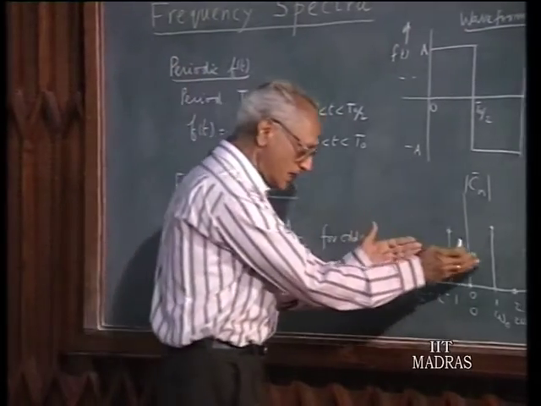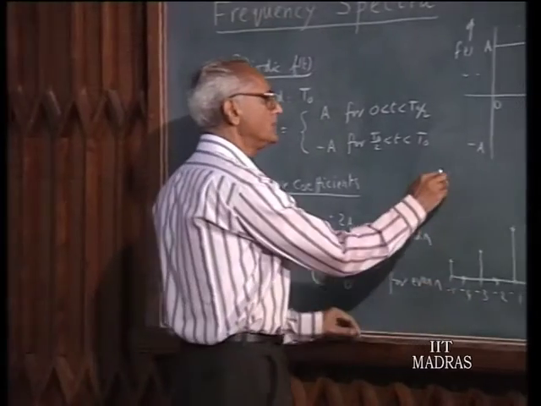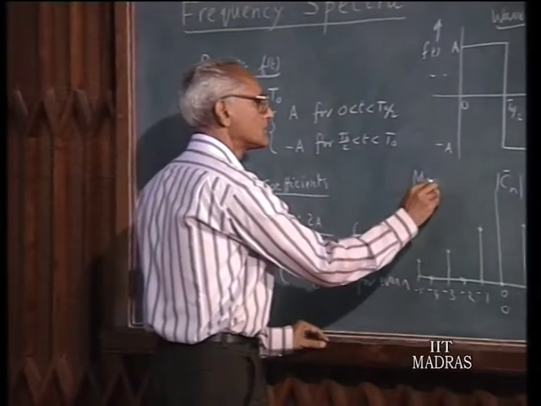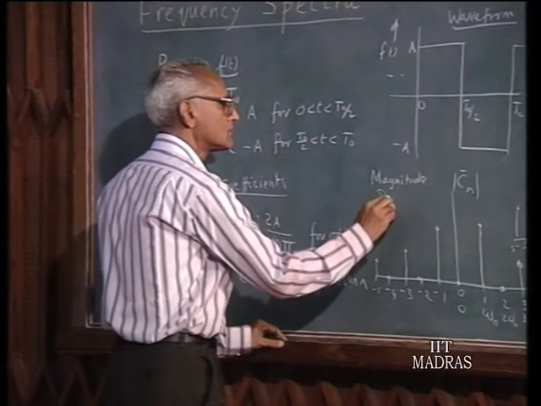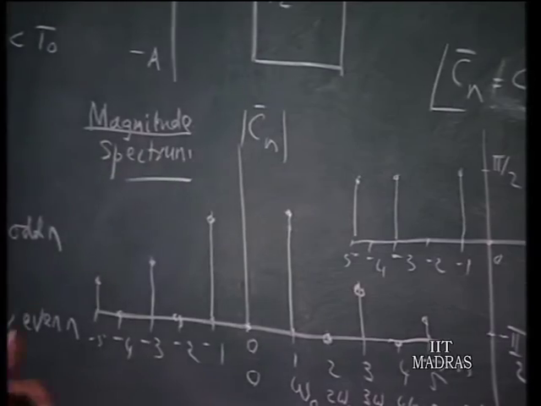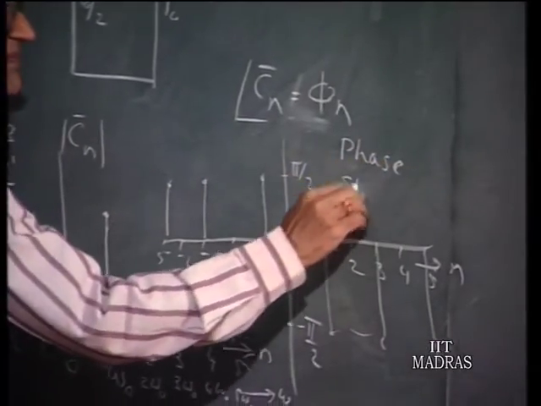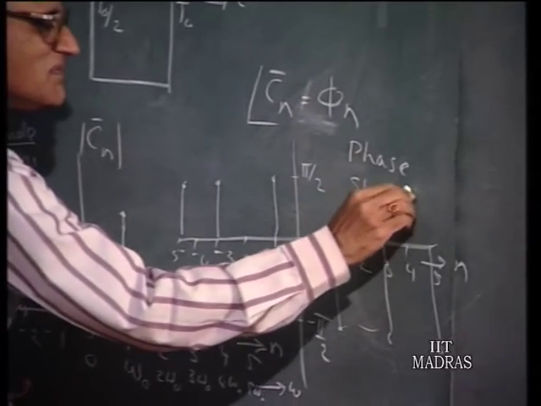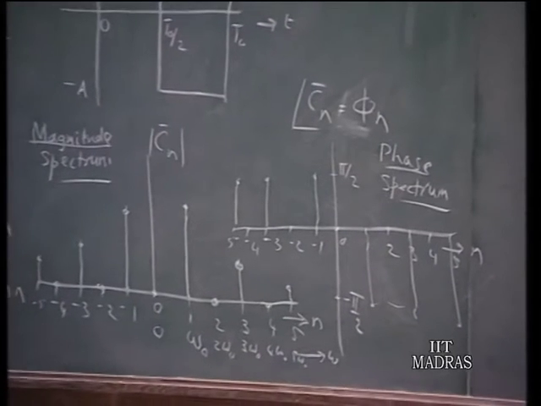Such a representation is called a spectrum. This is called the magnitude spectrum, and this is called the phase spectrum. Together they go by the name spectra, the magnitude and phase spectra.